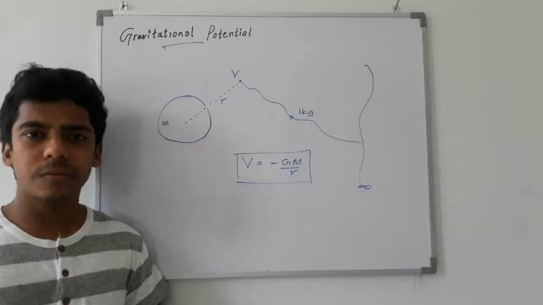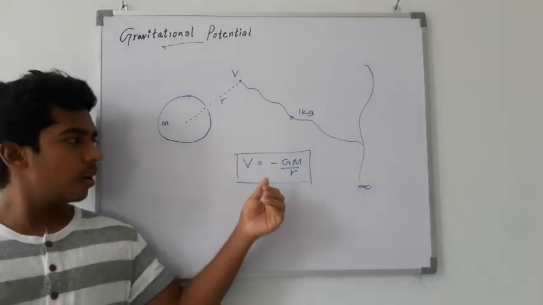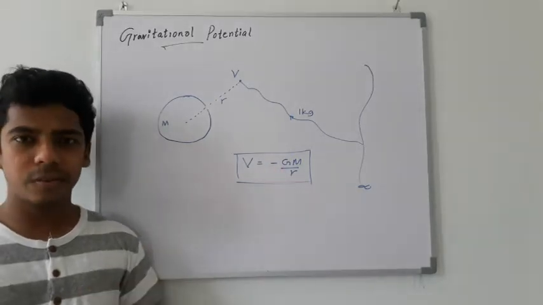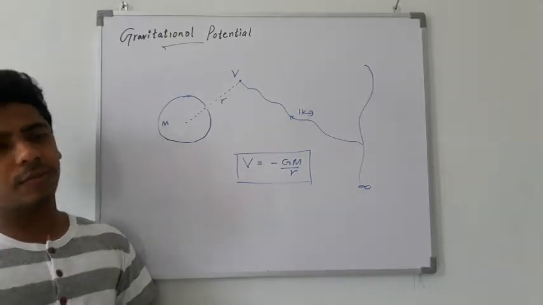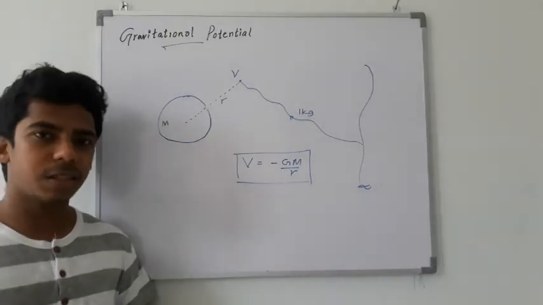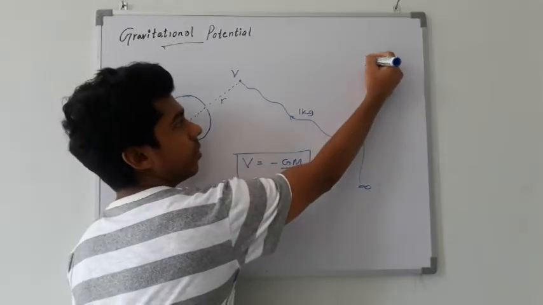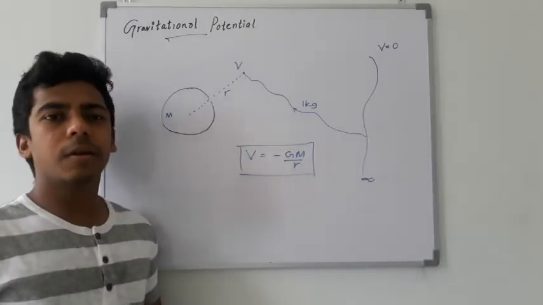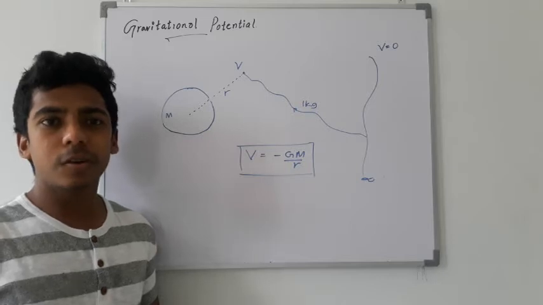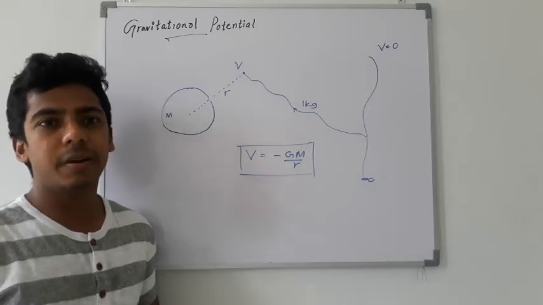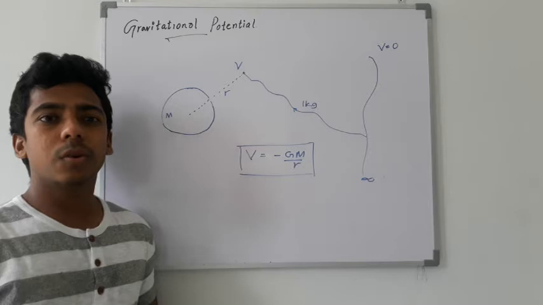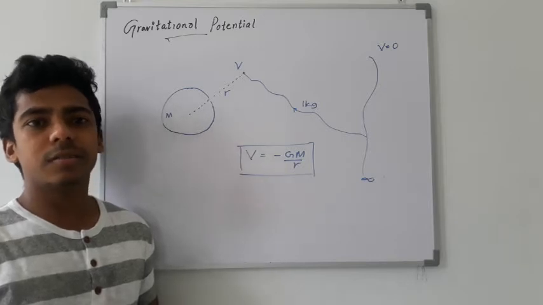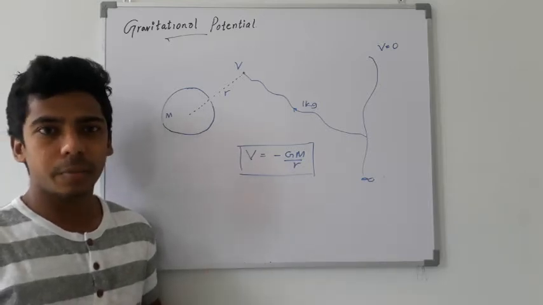And here one thing that we are concerned about is this negative sign. What is the meaning of the negative sign? That's because we define the gravitational potential to be 0 at infinity. According to the definition, the gravitational potential is the amount of work done by the gravitational field in bringing a 1 kilogram mass. So the gravitational field loses some energy by doing some work on the mass.